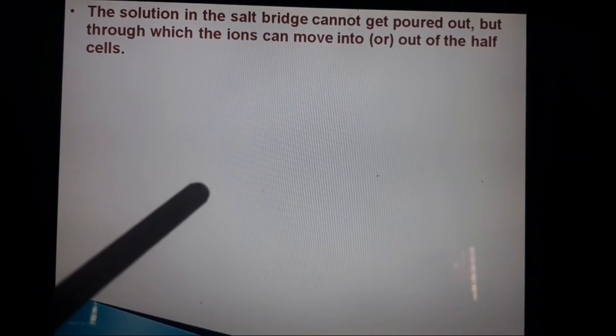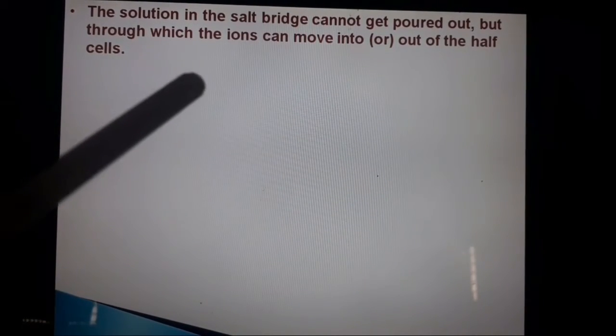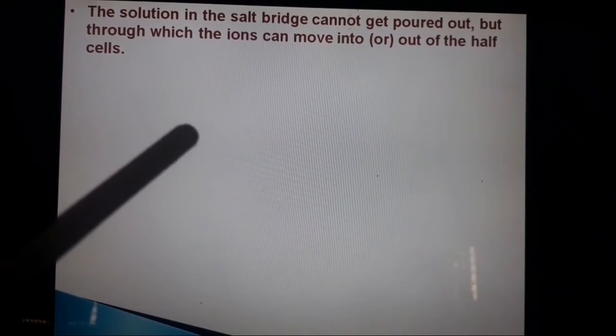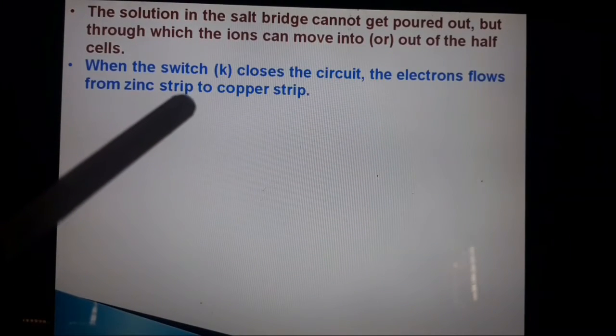The purpose of this salt bridge is to move the ions from one electrode to another, inside or outside. This is the usage of the salt bridge.